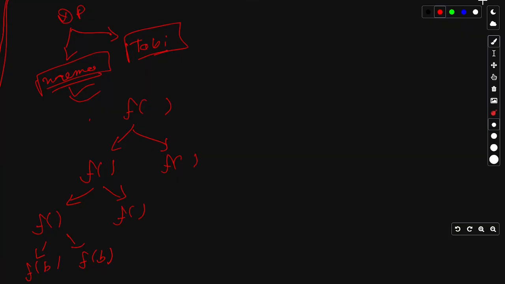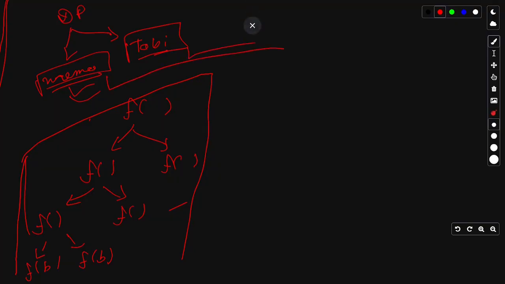So we essentially see a tree here in this recursion. This is a recursion tree. Memoization and tabulation are both forms of optimization of recursion.